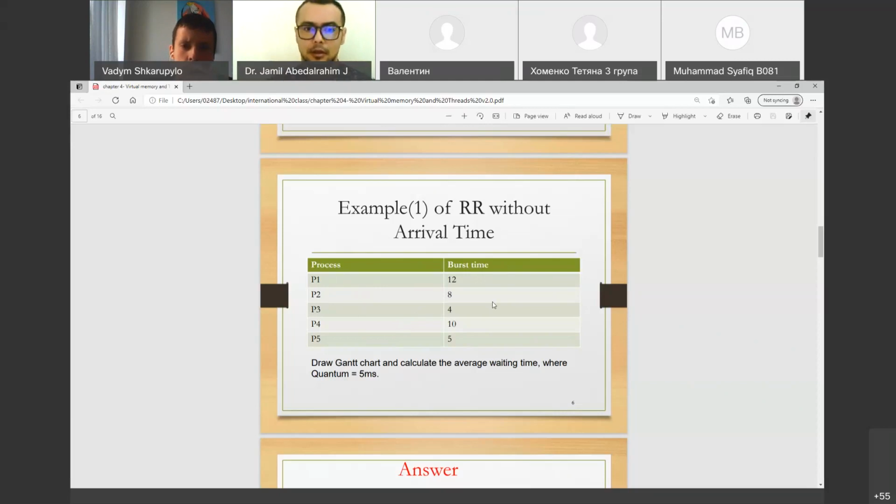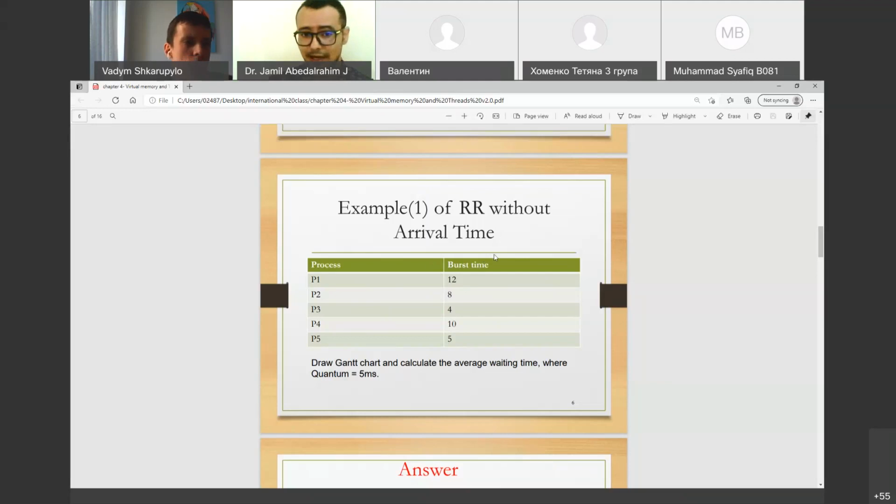We need to draw the Gantt chart and calculate the average waiting time, where the given quantum is 5 milliseconds. This example is without arrival time. Later on, I will show you how to handle an example with arrival time. So far, we will start without arrival time.